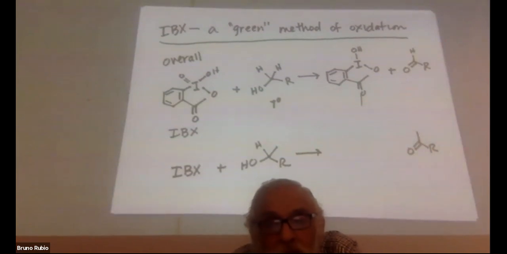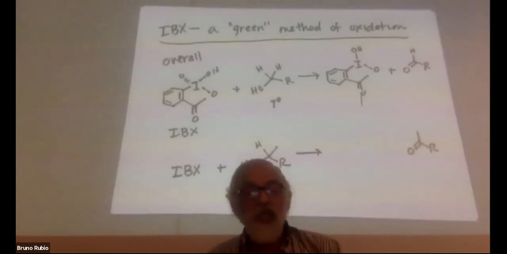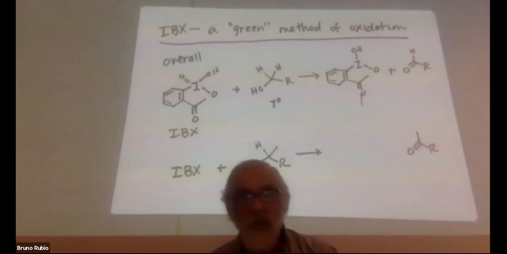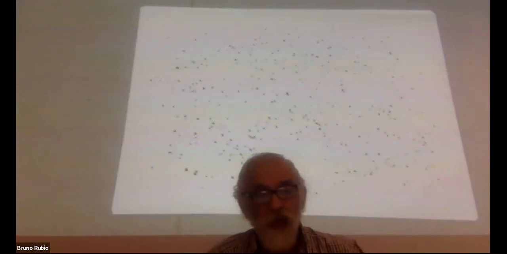All right, so IBX oxidizes a primary alcohol to an aldehyde, just like PCC does. And IBX oxidizes a secondary alcohol to a ketone, just like Jones and PCC do as well. I don't know if it's better, but it is a method of oxidation that doesn't involve the use of toxic heavy metals that are so difficult to dispose of.